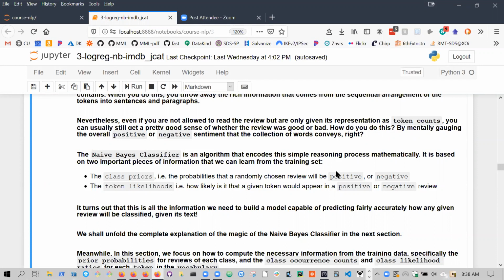All right, and then the other thing is the token likelihoods. That is, how likely is it that a given token would appear in a positive or negative review? Say there's a word you're interested in, let's say marvelous. The token likelihood tells you, for the word marvelous, how likely is it that the word appears in a positive review, and how likely is it that it appears in a negative review?